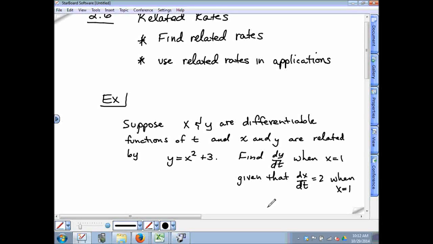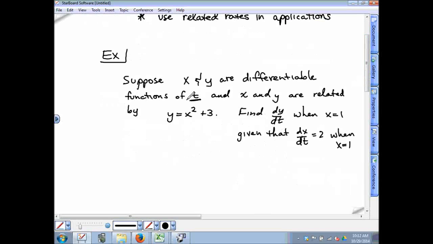All right. So we're taking the derivative with respect to what? With respect to t. Because x and y represent functions of t. So when we differentiate, it's with respect to t, which usually stands for time if this were some application problem.